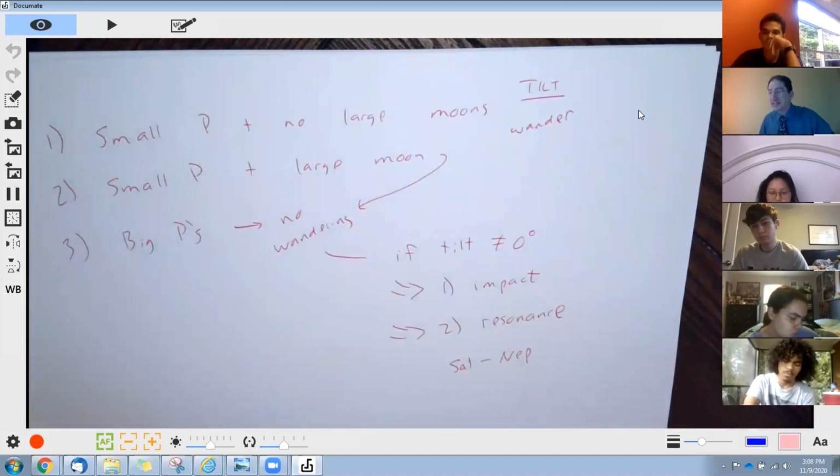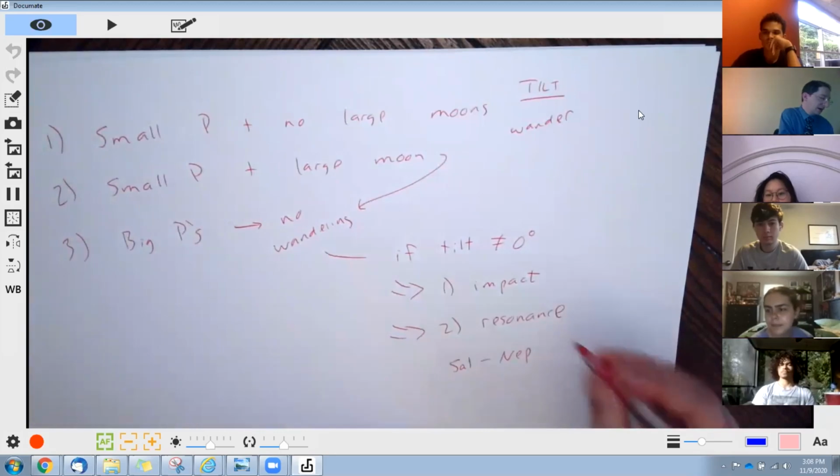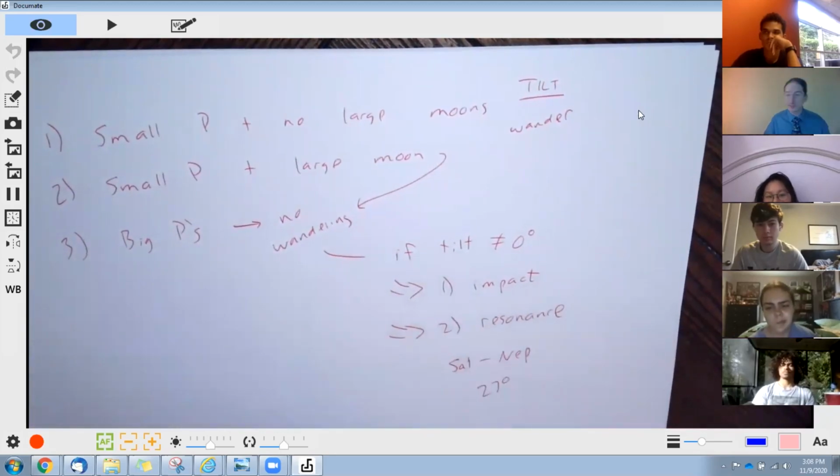I won't get into the details. I'd have to look some of them up. But basically, very slowly over the 4.5 billion years, Neptune has been tilting Saturn over slowly, more and more and more. It's now up to a 27 degree tilt. So that's kind of like the general summary of all the different things that can tip and tilt planets.